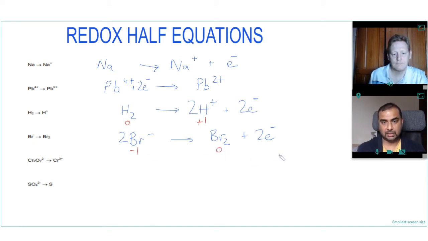So again, a net change of +1, so by that definition we'll go for oxidation again. Also, we know the bromide ion has lost electrons, and oxidation is loss of electrons, so that also shows it's oxidation.